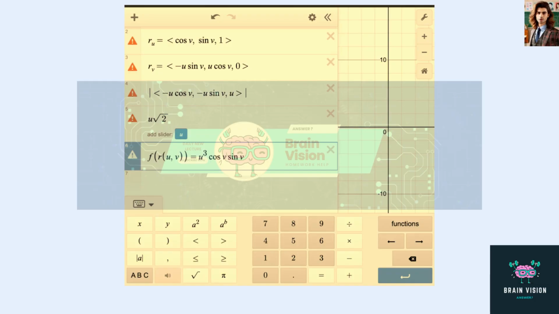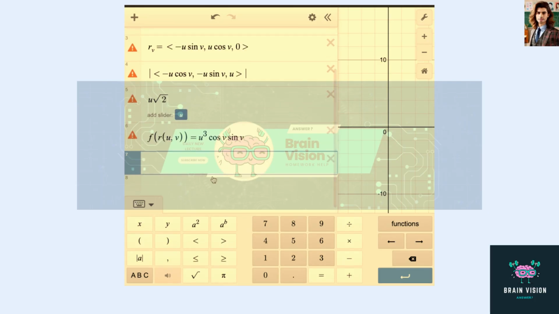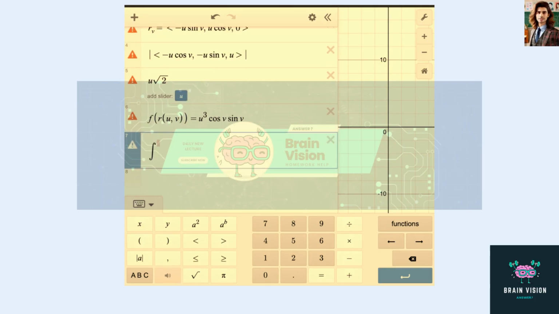Then based on all this, we can now take our second integral, or our double integral. We'll have an integral from 0 to pi over 2 of the integral from 0 to 1 of u cubed cosine v sine v times the square root of 2u.